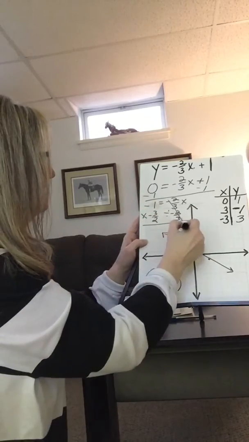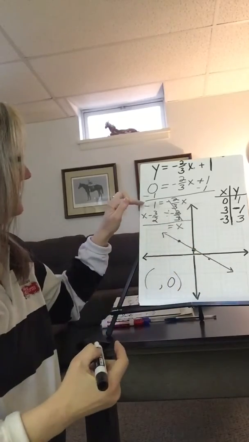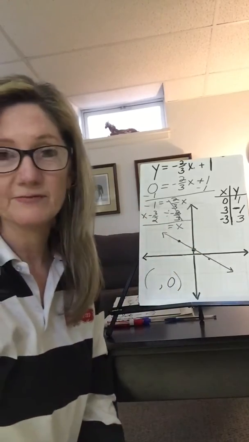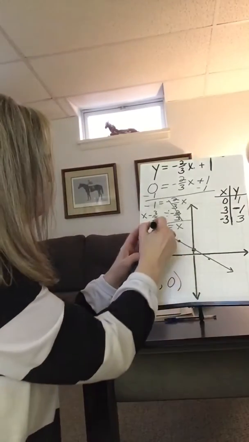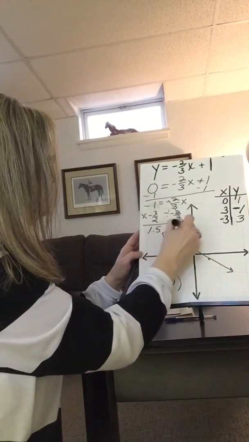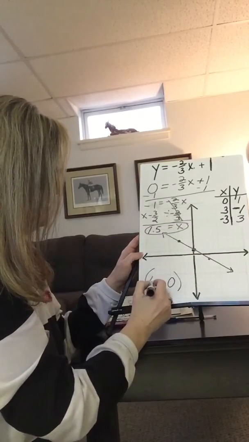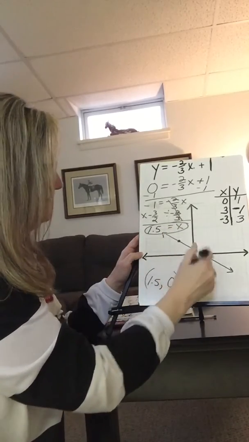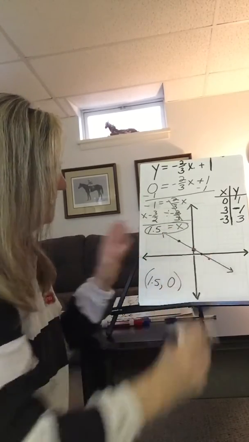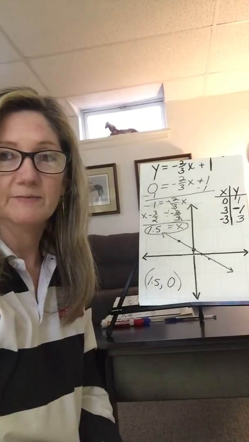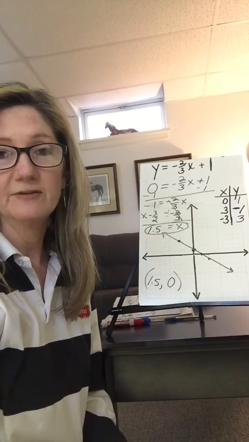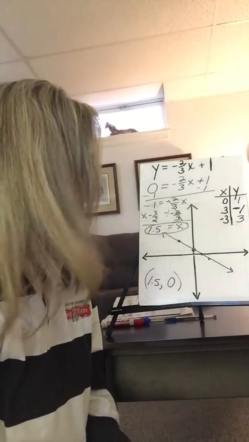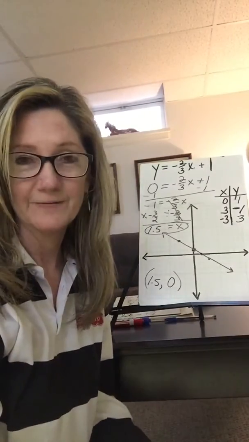So finally, you get x equals, this is negative times negative, you get a positive 3/2, which is 1 1/2. Okay, so this is going to be 1 1/2 or 1.5. So right here is 1.5. So your x-intercept is going to be at the 1.5. Okay, and if you give the real location, it is going to be 1.5 comma 0.